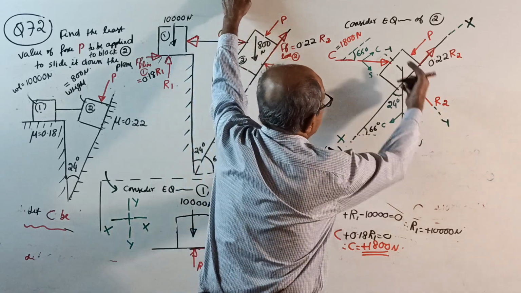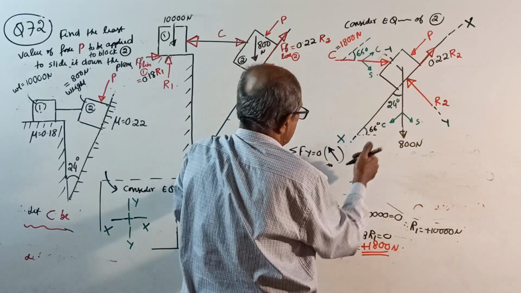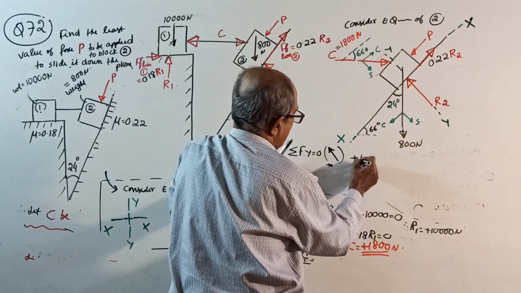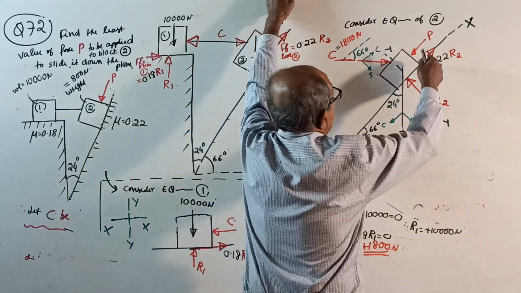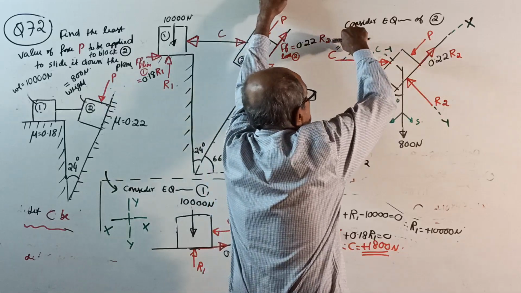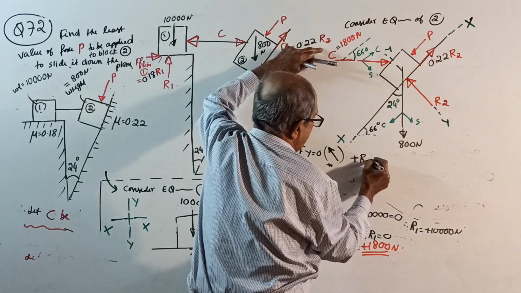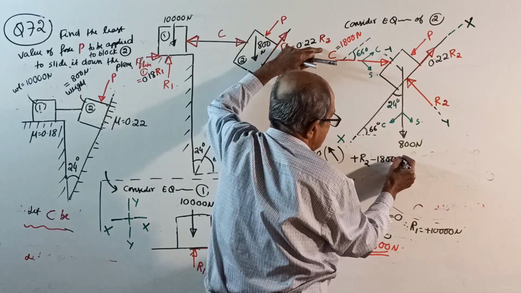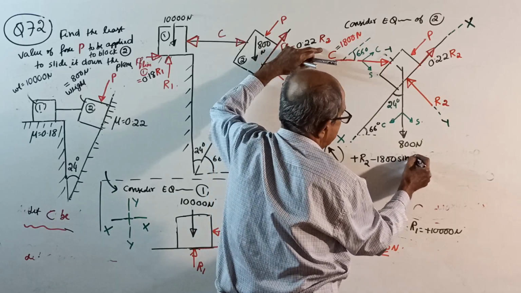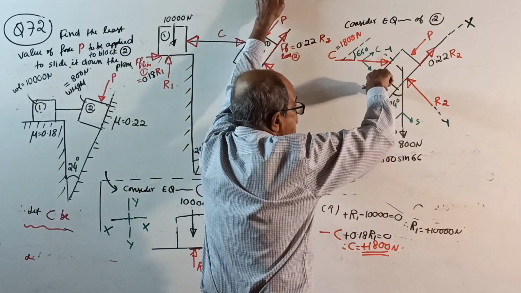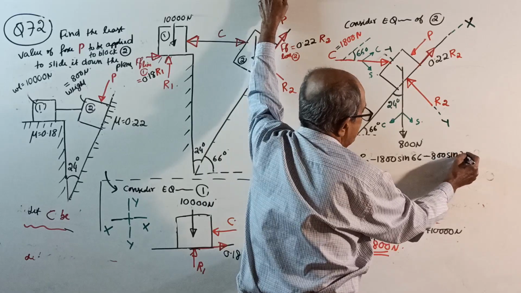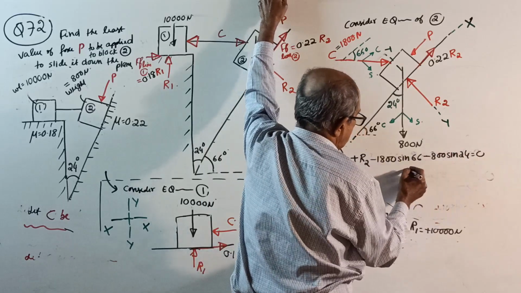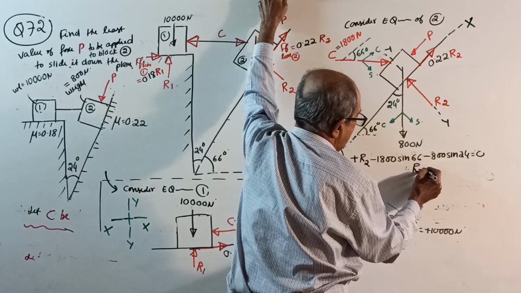What do you get? Plus R2, then minus 1,800 sine 66, and again minus 800 sine 24 equal to 0. Therefore, you get the value of R2 in Newton.